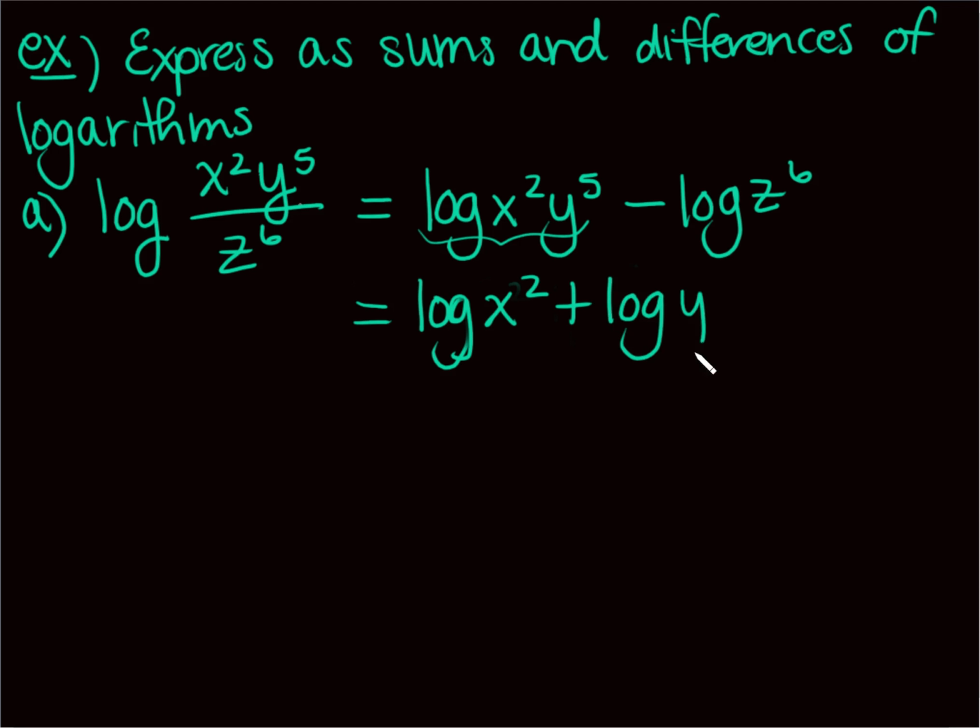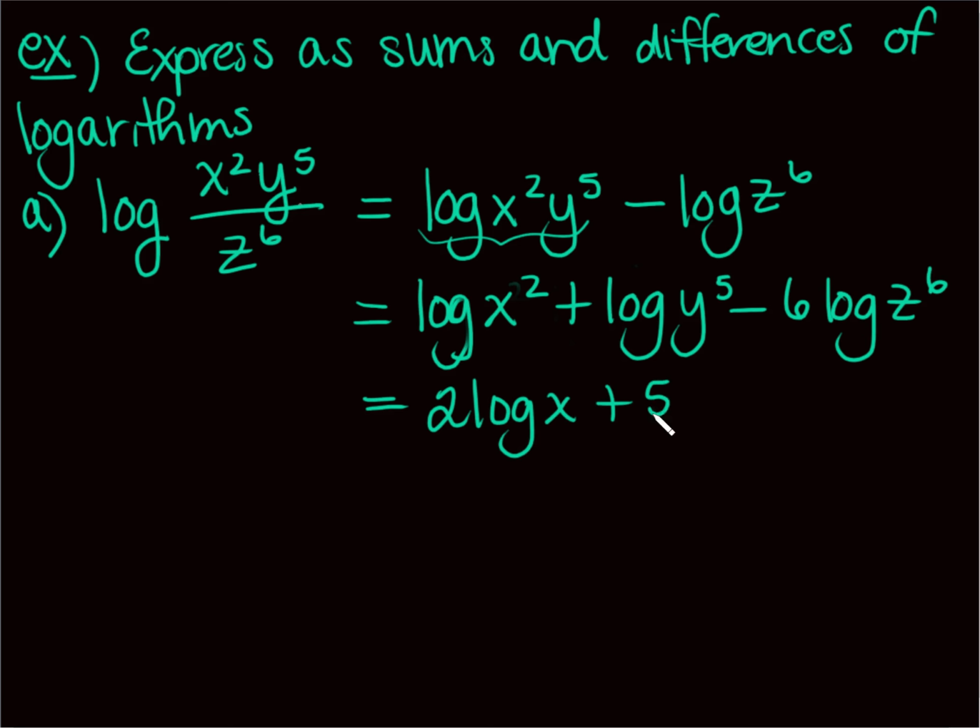I can bring that 6 down right now because I can't really do anything else with z to the sixth. And now my final answer, if I get this all nice and tidy and pretty, I'm going to get 2 log of x, bring that exponent down using my power rule, and then 6 log of z. And that is completely expanded as much as I can go.